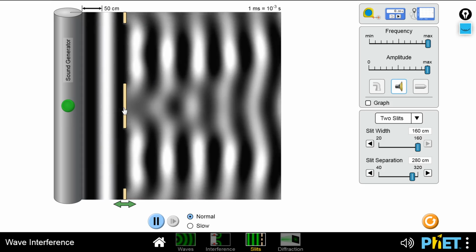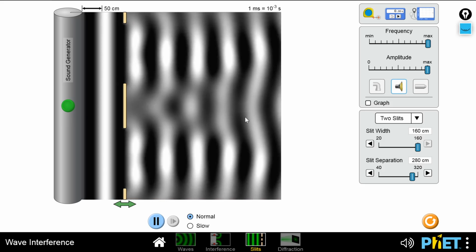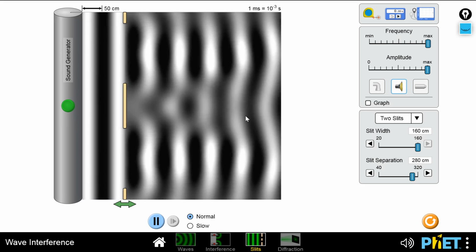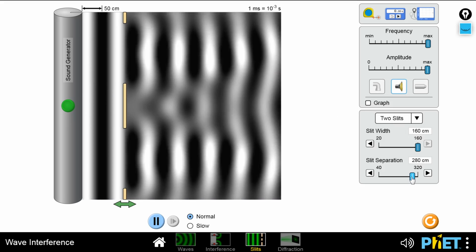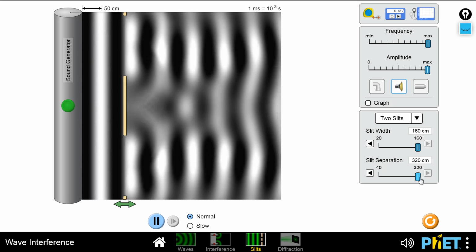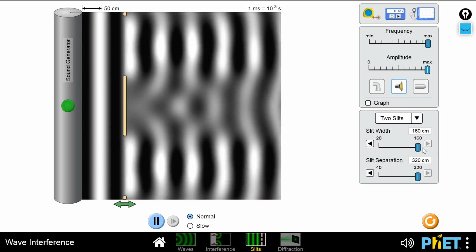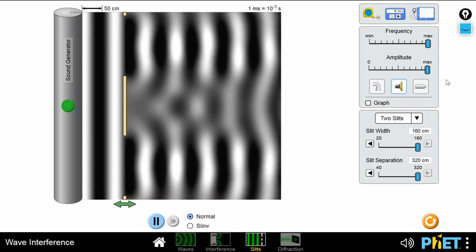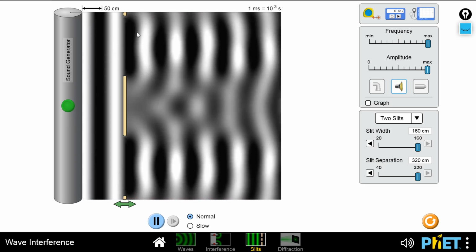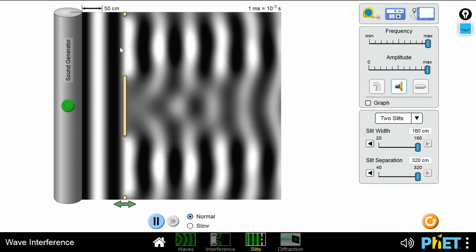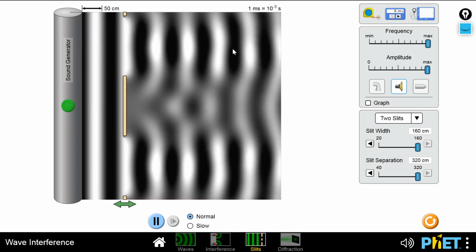So you can see that sound is pretty flexible, and that with this little gadget you can experiment around it and do a lot of little things. If we were to, let's see, we've got everything maxed out now: frequency, amplitude, slit width, and distance. And you can see that we're once again, with the aperture size large, you tend to get a preservation of the waveform from left to right.